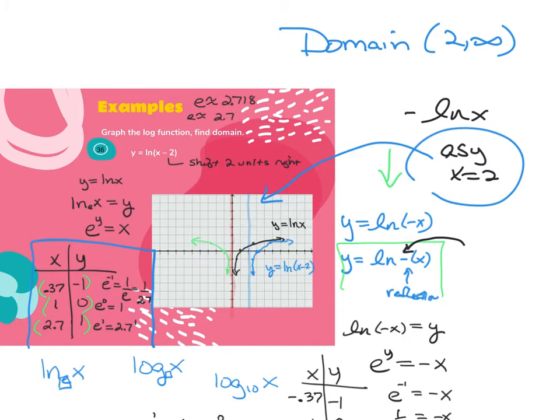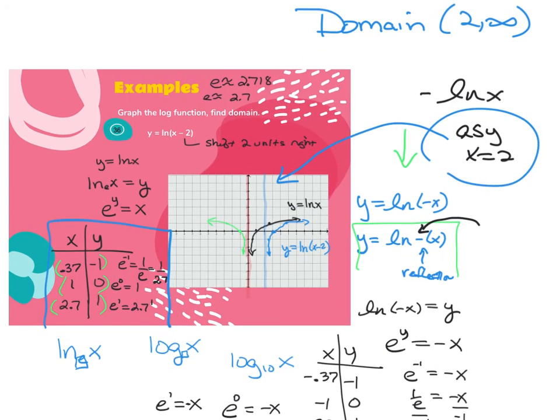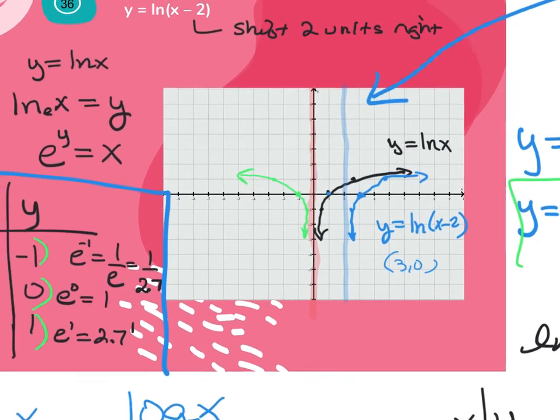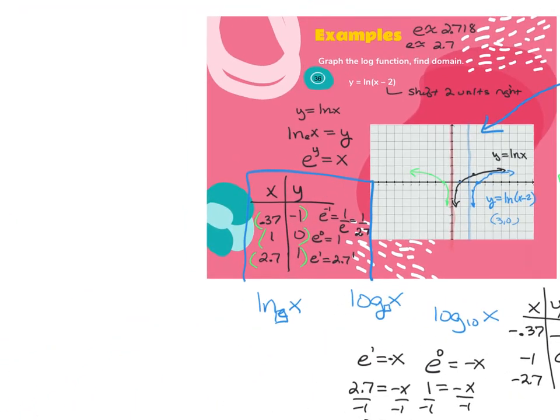Now, we can also find our x-intercept, and we can sort of see it on the graph here. If you knew that the x-intercept here was at 1, 0, you move it 2 units, it's going to be at 3, 0. But let's go ahead and do the math behind it.